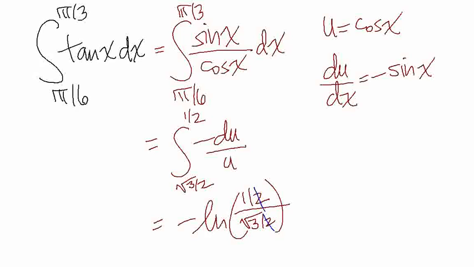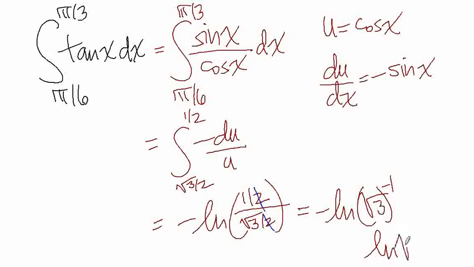So we've got minus the natural log of root 3 to the minus 1. And I wrote it that way to show that I can pull the exponent down, and so the minus 1 exponent will cancel with the negation there, and so I'll end up with just the natural log of the square root of 3.